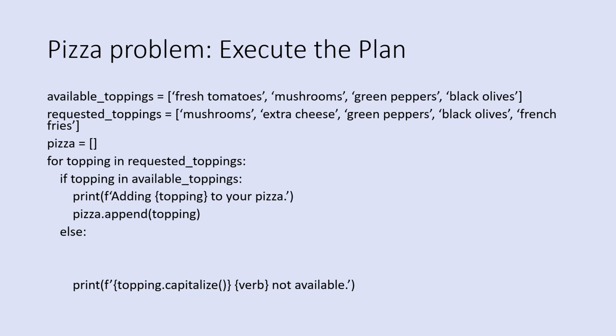So if we say green peppers are not available, extra cheese is not available, in those kinds of settings. And so to do this, we have topping as the first word now in the sentence. We want to capitalize that. So I used the dot capitalize method here for strings to capitalize the first letter of the first word.